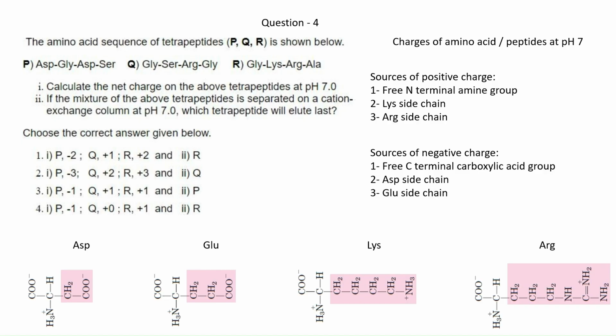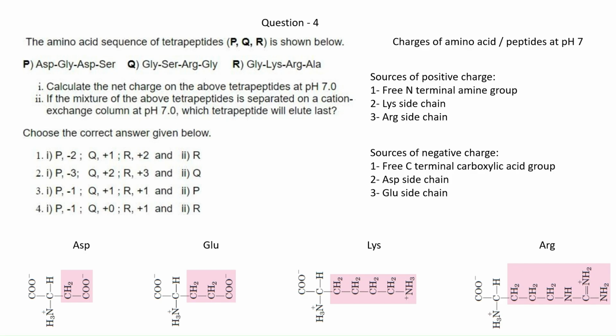So that is our answer right there. Still, let's count the charges for all the other 2 tetrapeptides. The peptide Q is glycine, serine, arginine, and glycine. Again, the contributing group is only one, arginine side chain. So the charge for Q will be +1.